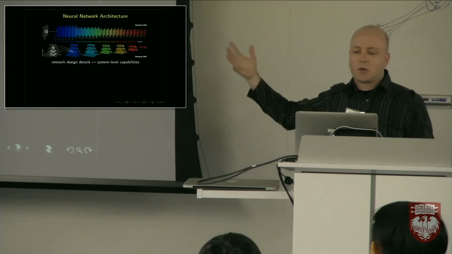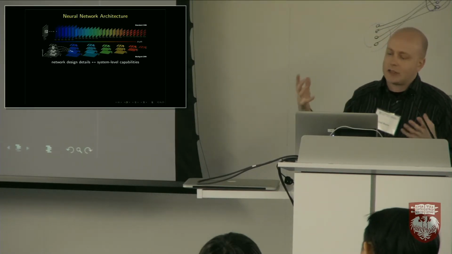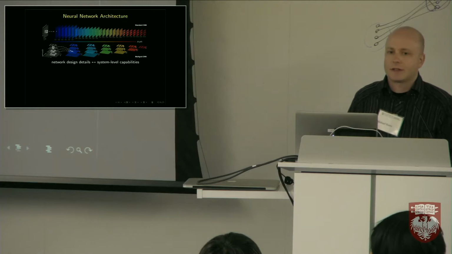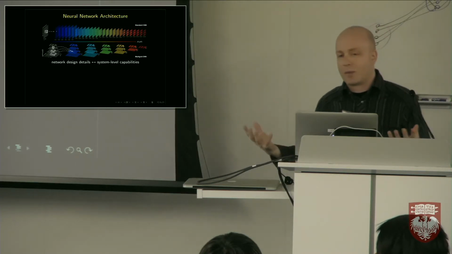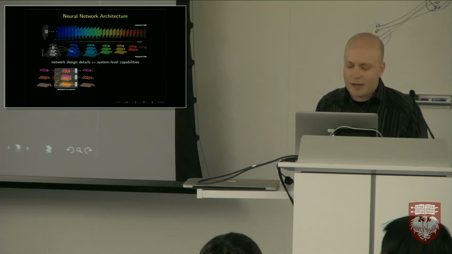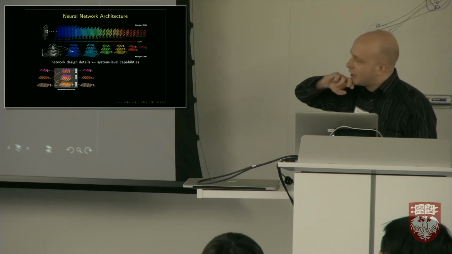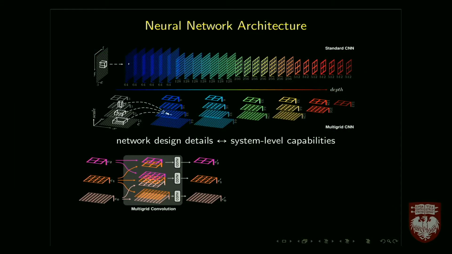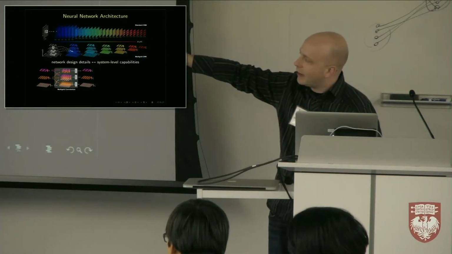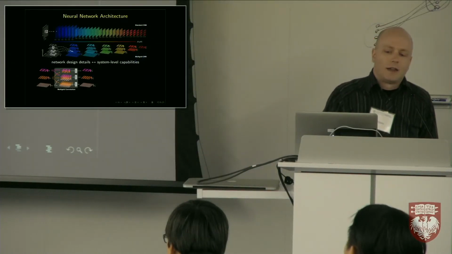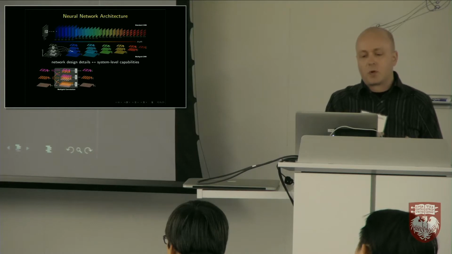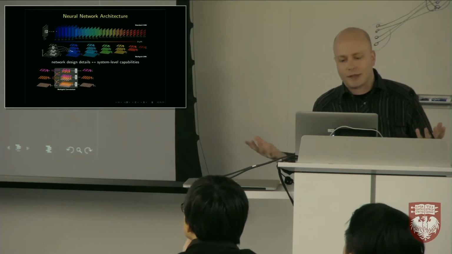But in every subsequent layer, what is stored at each of these resolution scales is determined by the learned network parameters. And we have this architectural widget here that implements a multi-grid extension of convolution, transforming one multi-scale representation into another. The interesting thing to note, looking at the arrows in this widget, is that there is information flow both from coarse scale to fine scale and fine scale to coarse scale at every stage of the network.